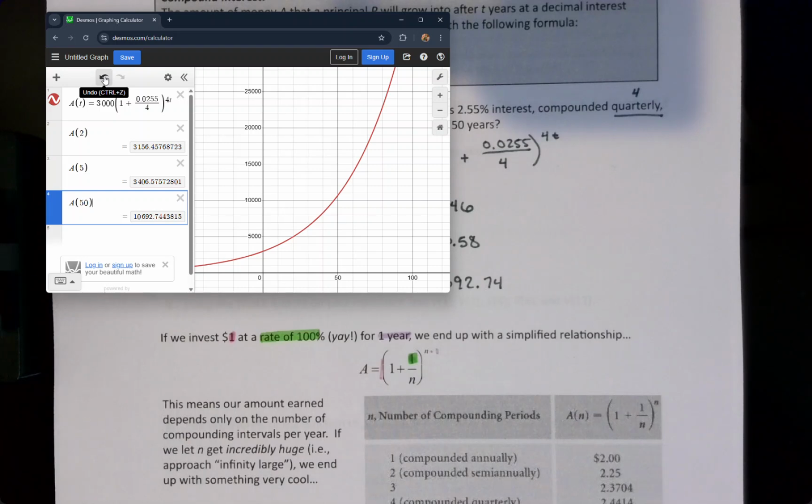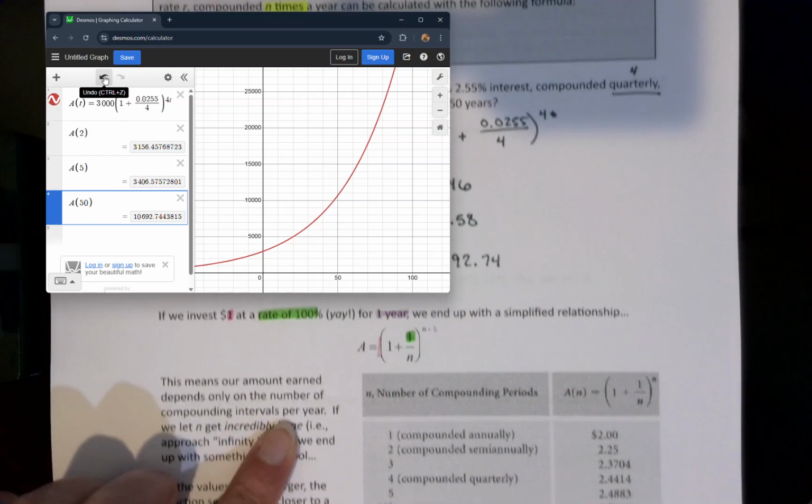We end up with a simplified relationship, 1 plus 1 over n to the n. And this means that our amount earned depends only on the number of compoundings per year.